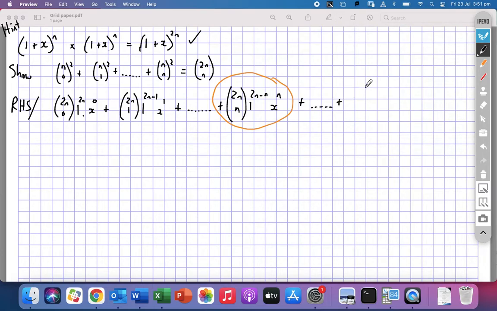We could keep going with this. We could have 2n minus 1, 1 to the 1, x to the 2n minus 1, and then the last term in this particular expansion, which I'm not actually interested in, because I'm zeroing in on the x to the n term. That's the trick to this question.